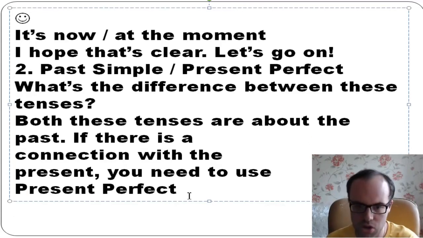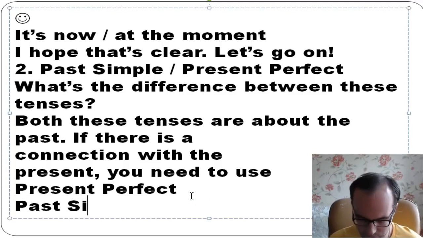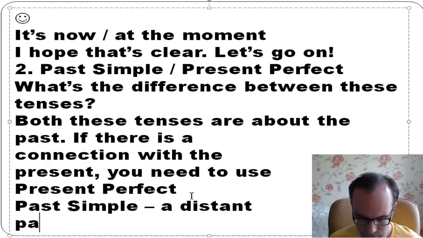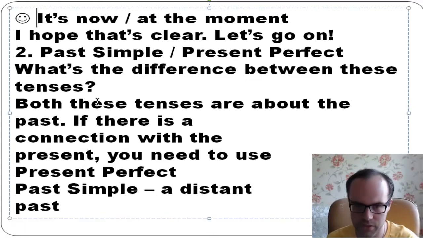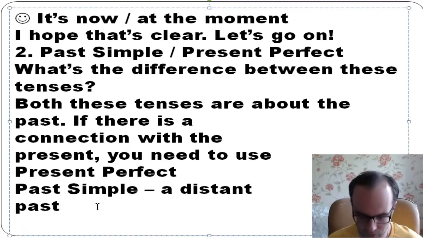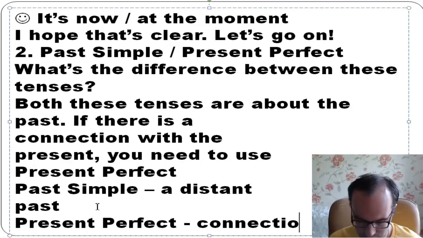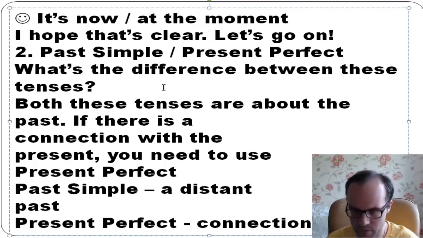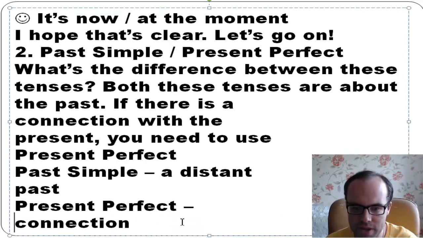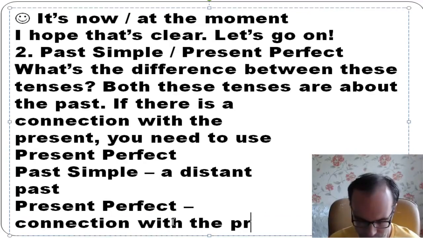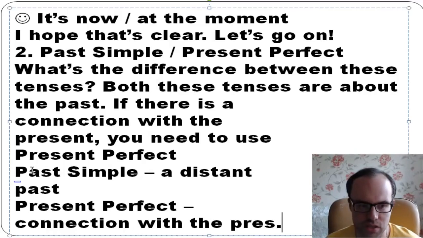Past simple is usually a distant past, and with present perfect there is a connection with the present. It's very important. Okay, so let's revise it and then we'll go on.